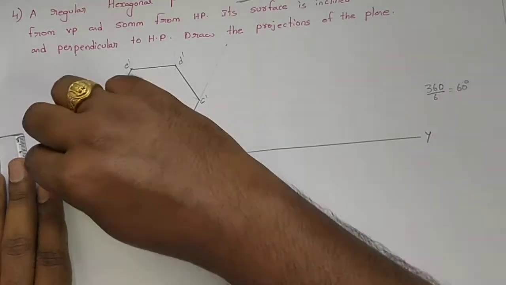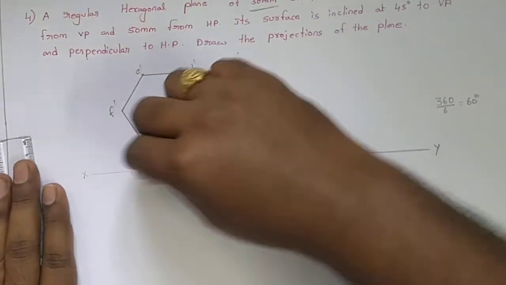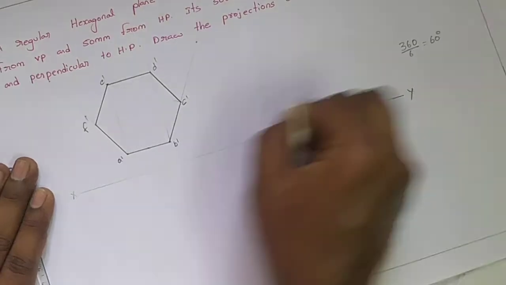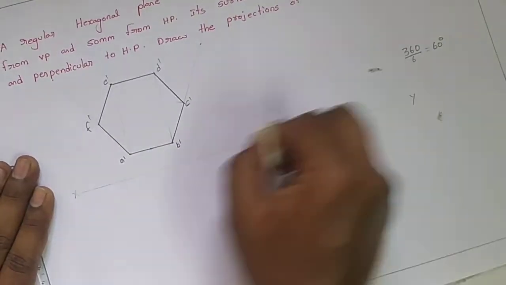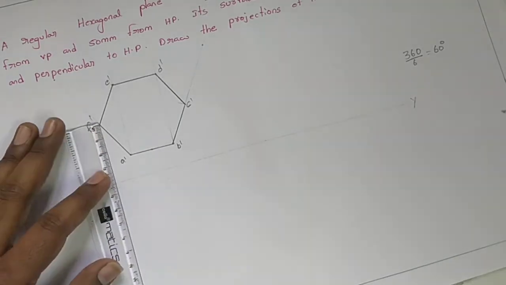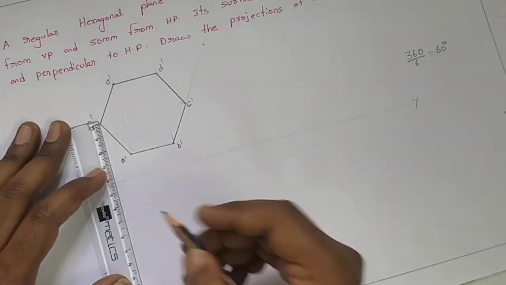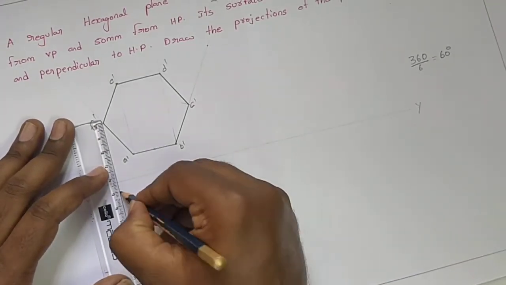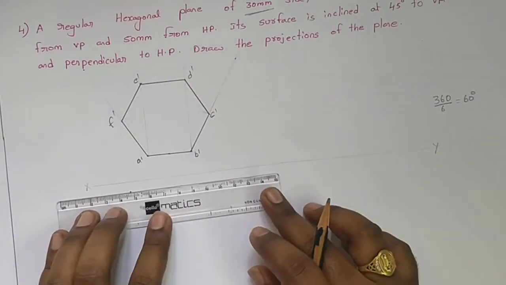Now here we need to identify one corner. One of its corners is 50 mm above HP, so from this point to this point is 50 mm on the line XY.